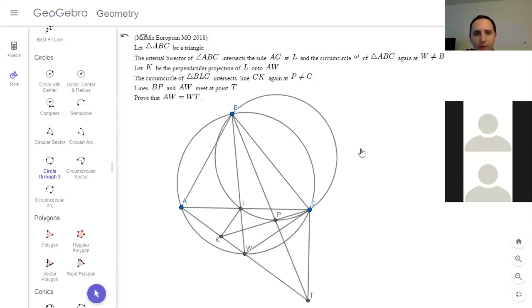So what's the best way to do that? We could try to use power of a point. I want to show KLCT is cyclic.